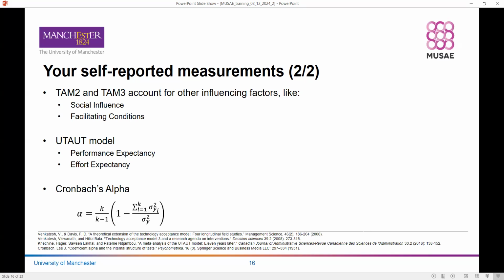If you are going to make your own questionnaire, no matter how you devise it, you should compute what is called the Cronbach's alpha, which is a quantity that is an indicator of the coherence of your questionnaire.